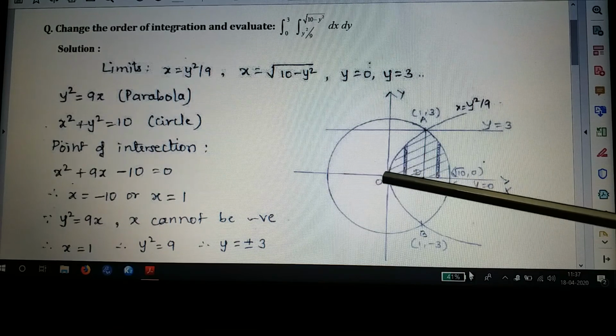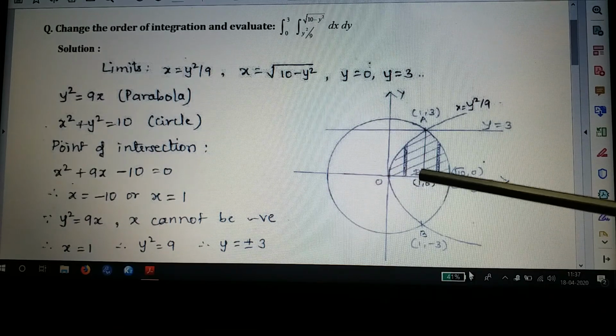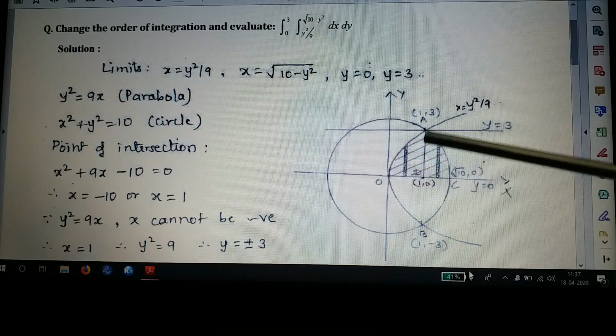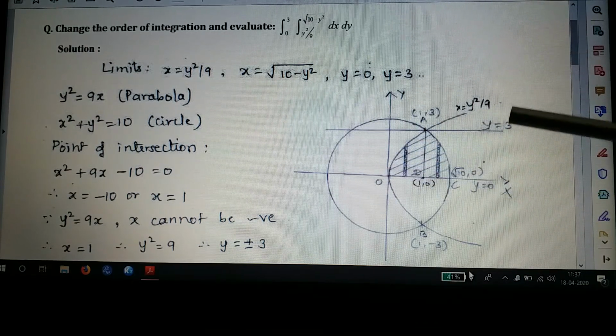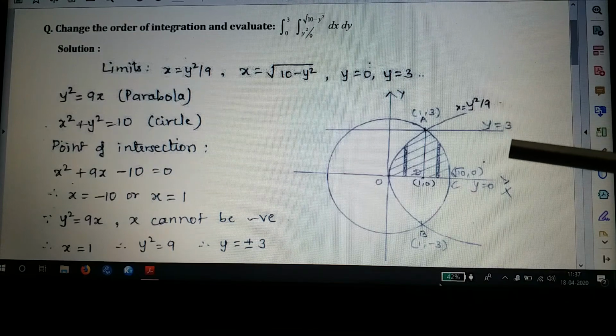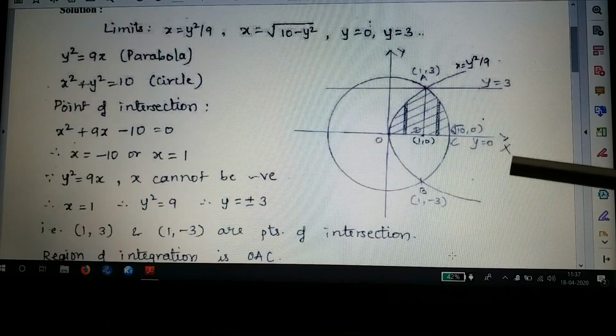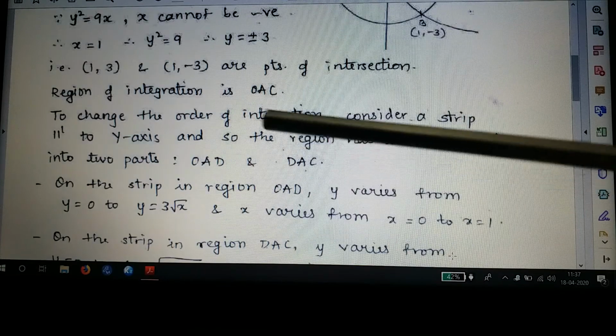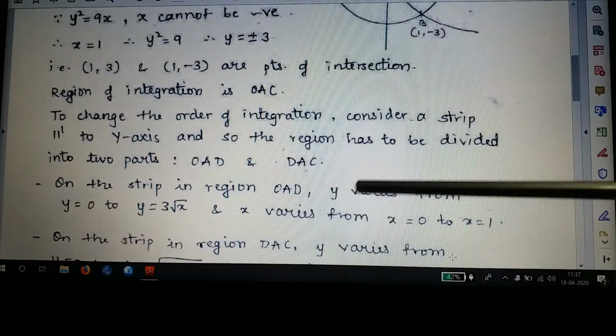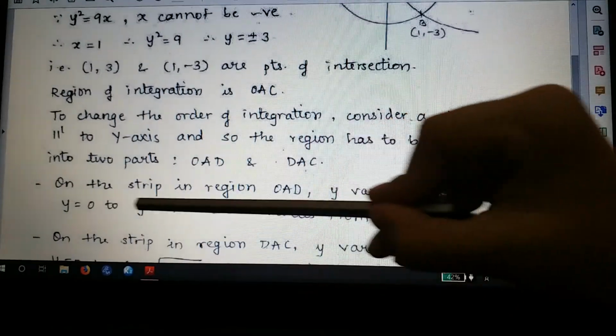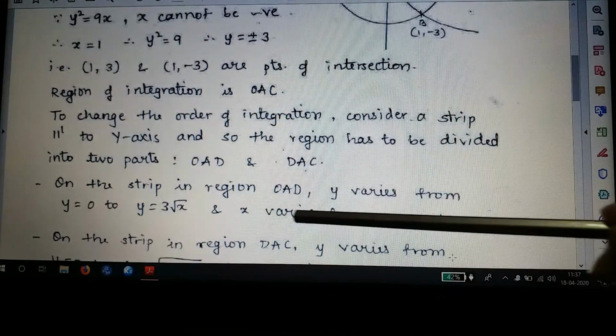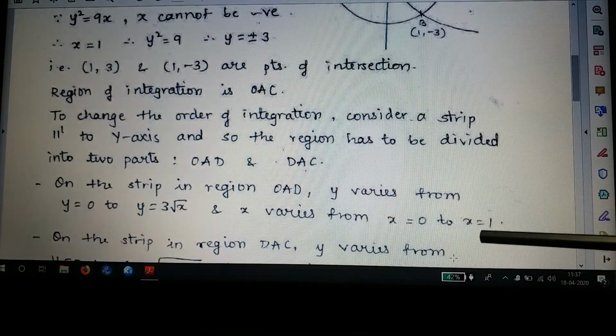So x goes from 0 to 1. So this is how we are getting the limits for x and y for our first region. I'll just show you the limits that are written over here. In the first region, y varies from 0 to 3 root x and x varies from 0 to 1.